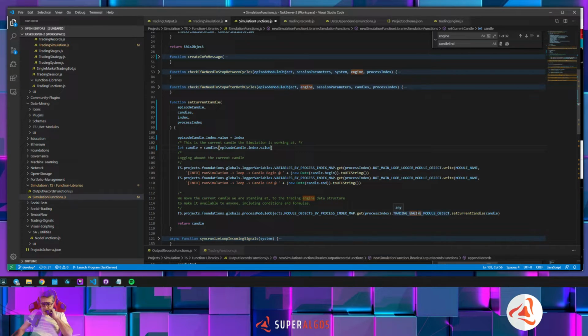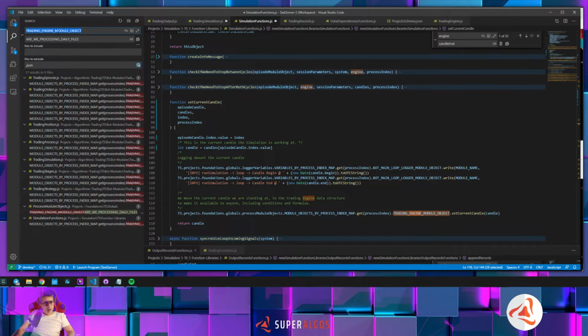Trading engine module object, also it should be trading engine, but it should be engine module. So we will refactor this from this to engine module object.